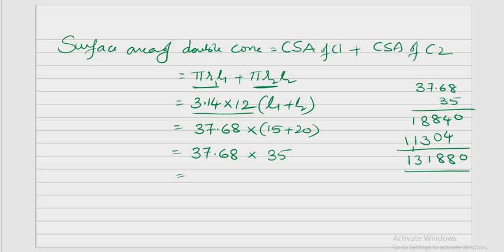So what is the value? Since we have 2 decimal points, this becomes 1318.8 centimeter square. This is my answer for the surface area of that particular double cone, right?